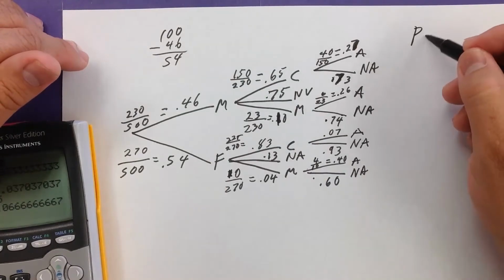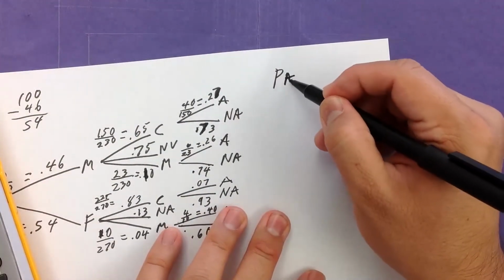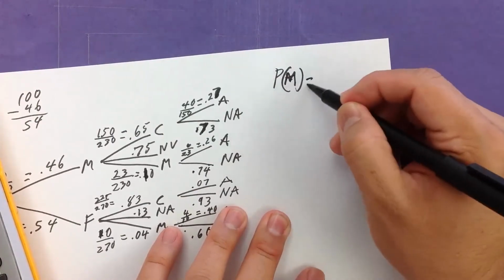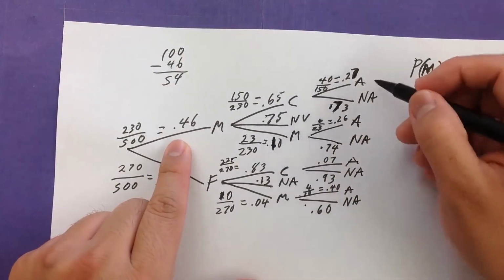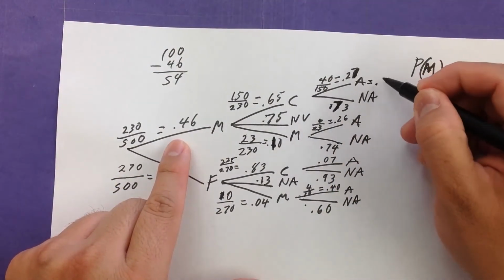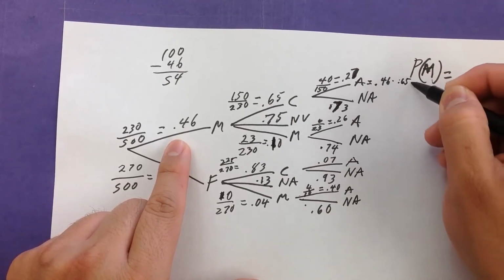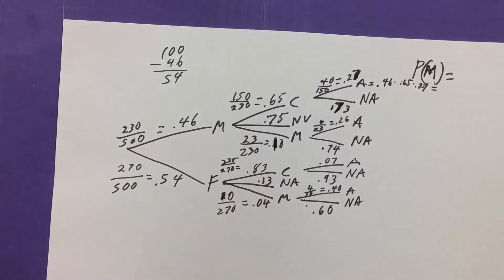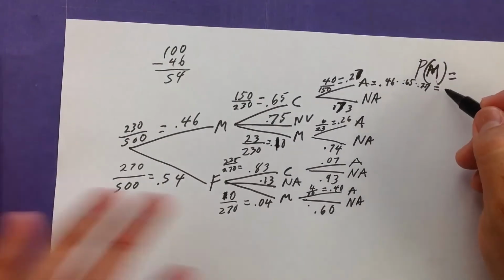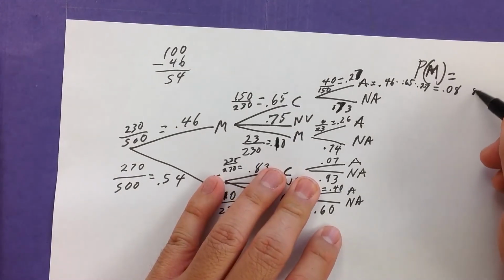Alright, so things are going to come up. Probability that a male will get into an accident. So we're just doing this for males. You find the probability of the car, first off. So it's 0.46 times 0.65 times 0.27. And that will give us 0.08. So that's 8%.